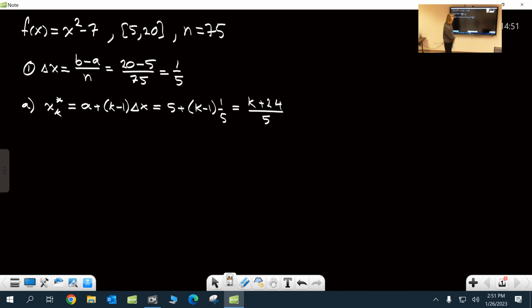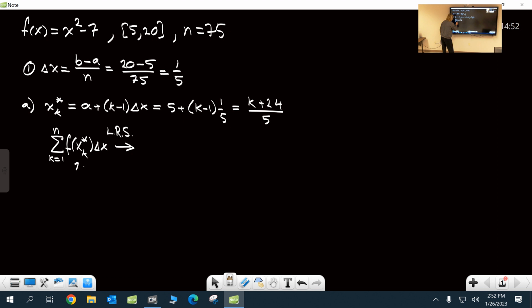All right. Now I write down my Riemann sum. Let me first write down the general form. And now we're going to turn this into a left Riemann sum.